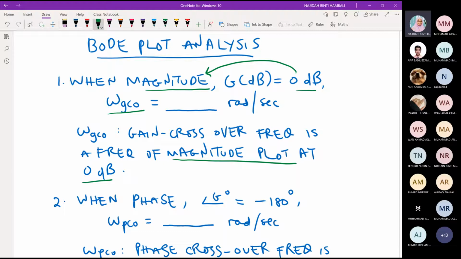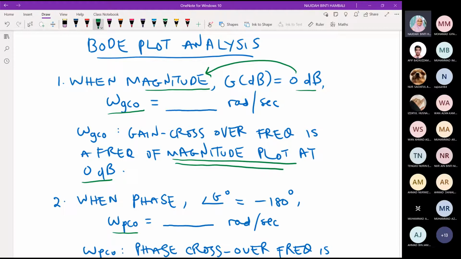So do not wrongly label your frequency at 0 dB. Some students always confuse gain crossover frequency and phase crossover frequency. Gain crossover frequency is at 0 dB, the frequency at 0 dB from the magnitude plot. So this is the first step: determine the gain crossover frequency.